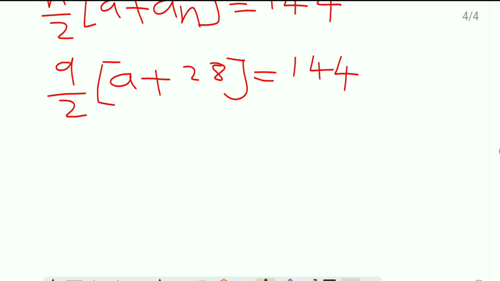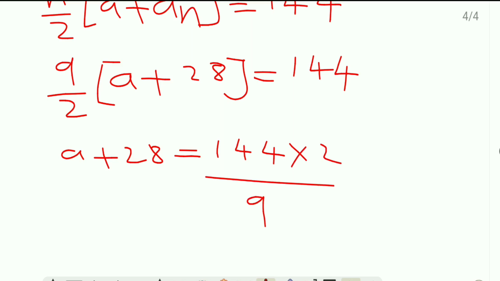This 9 by 2 I can send that side. So a plus 28, which is equal to 144 into 2 divided by 9. Correct? So we can divide this number by 9. 9 ones are 9, 5 is left, 9 sixes are 54. Correct?